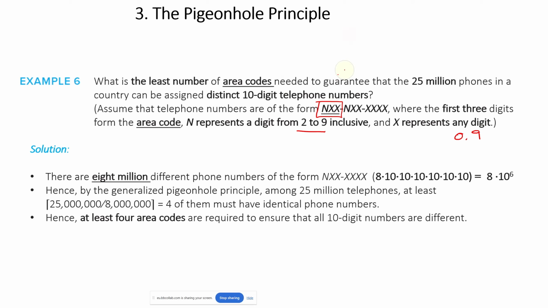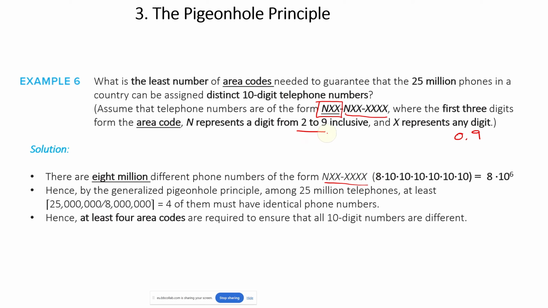So removing the area code, if we just take this part over here, what are the possible combinations of numbers that I can have? Now I'm excluding the area code, so just to have a look, this is 8. Why 8?